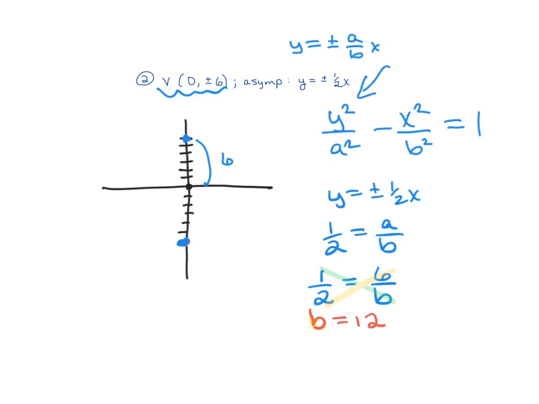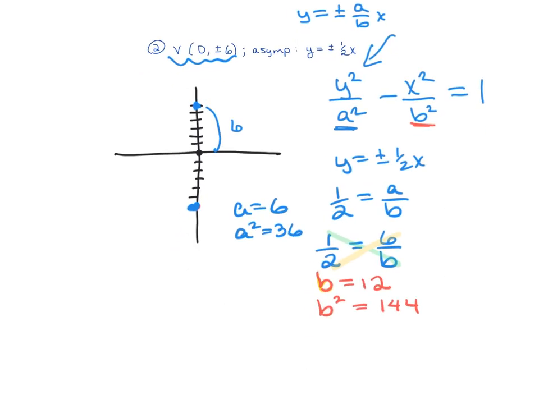So if b equals 12, then b squared equals 12 squared, which is 144. Now I have my a value, which was 6, so a squared is 36. That's what I need to fill in, my a squared and my b squared. So final answer, y squared over 36 minus x squared over 144 equals 1. And you're done.